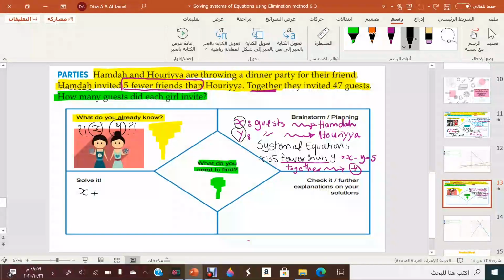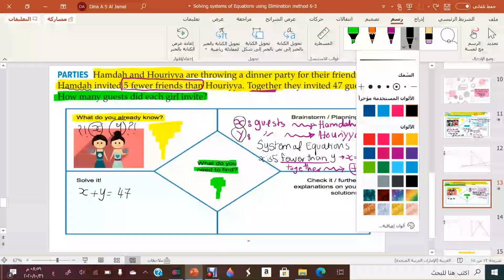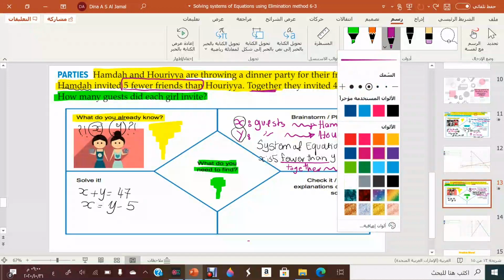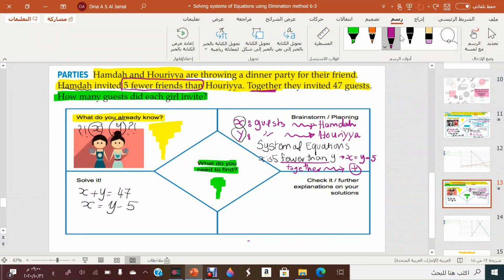So let's solve it now together. x plus y, both of them invited a total of 47 guests. And now the guests of Hamda is 5 fewer than the guests of Huriya, and I have explained this before. Now I can plug in the x above.